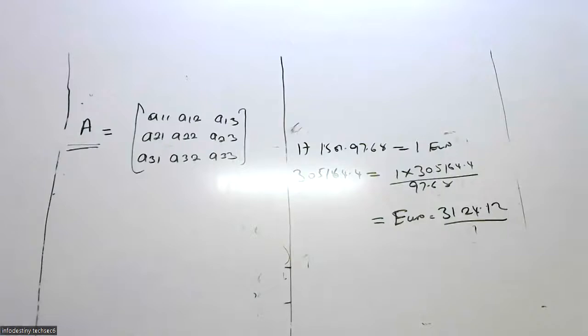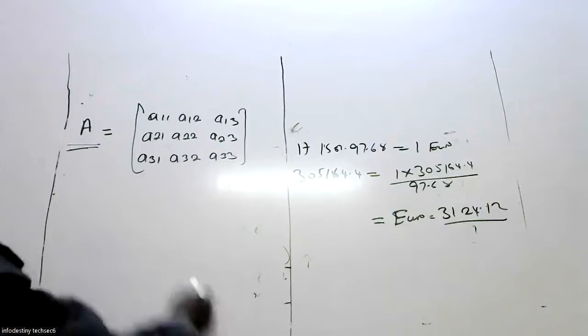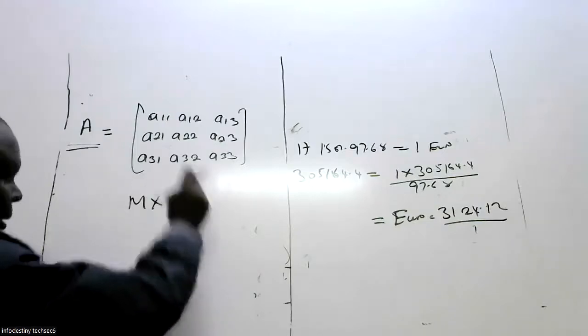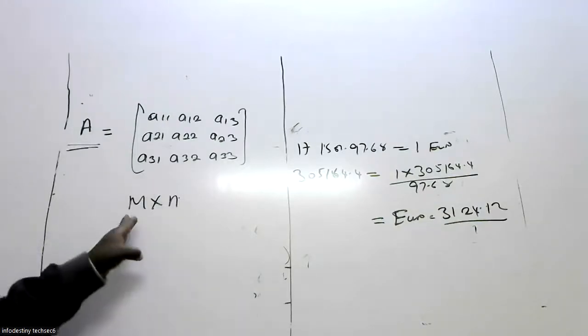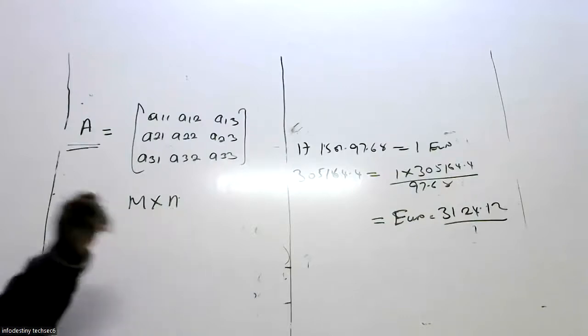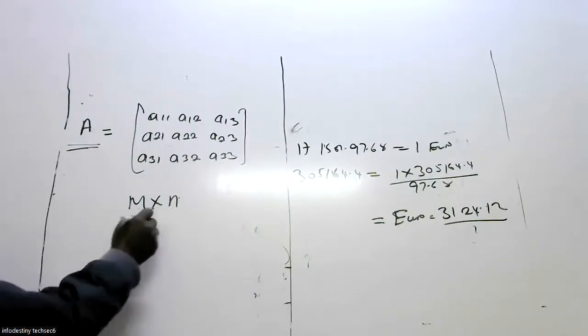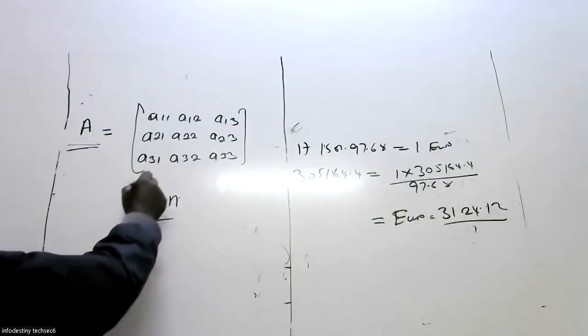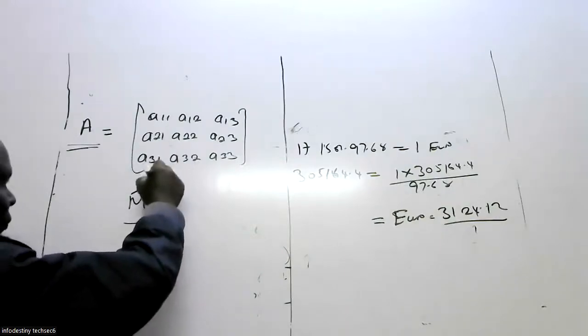Okay, we continue. Matrix A has M rows and N columns, and is said to be of order M times N. Now, in this case, this is the order of the matrix, whereby the first letter is going to be the row.